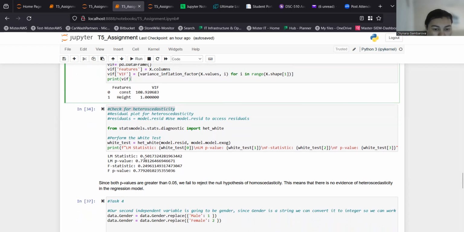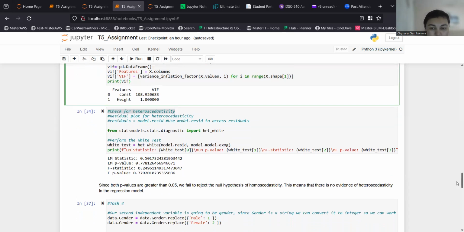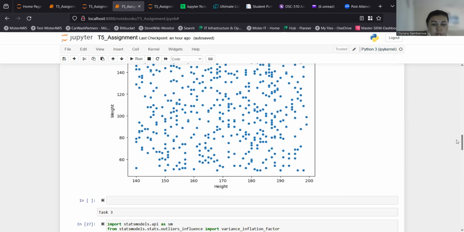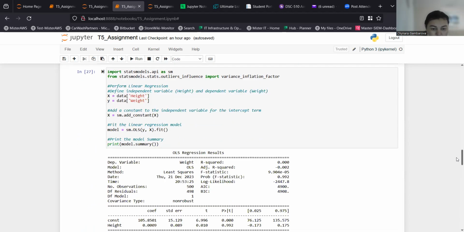Since both of the p-values are greater than 0.05, we fail to reject the null hypothesis of homoscedasticity. This means there is no evidence of heteroscedasticity in the regression model. Yes, since there is no relation between height and weight, we can't predict the weight based on the height.